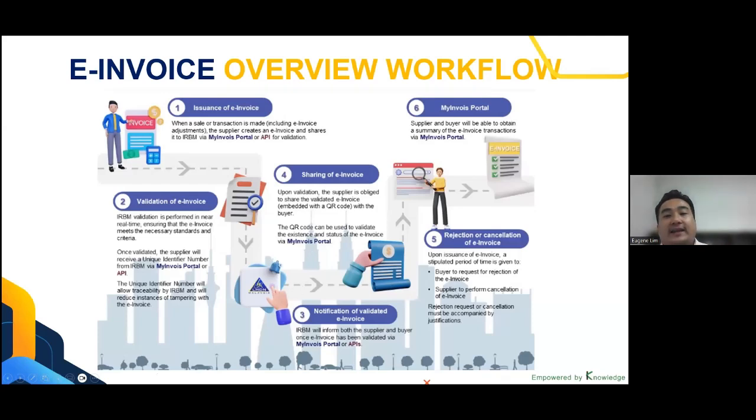So now we're looking at how the e-invoice works. Actually, there are only 6 steps. Actually, same thing goes to you as agent or distributor. How do your clients come to you to buy the things? How are you going to have the transactions?